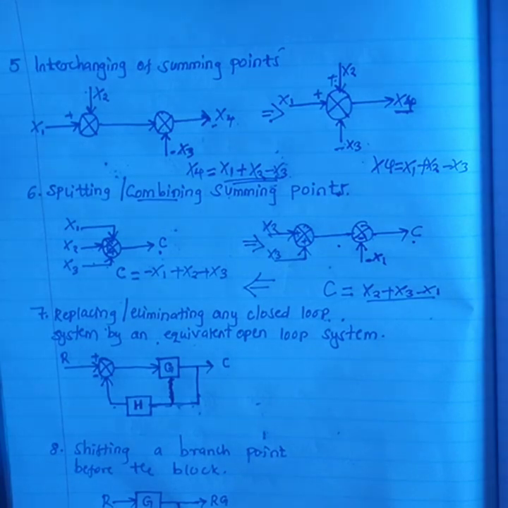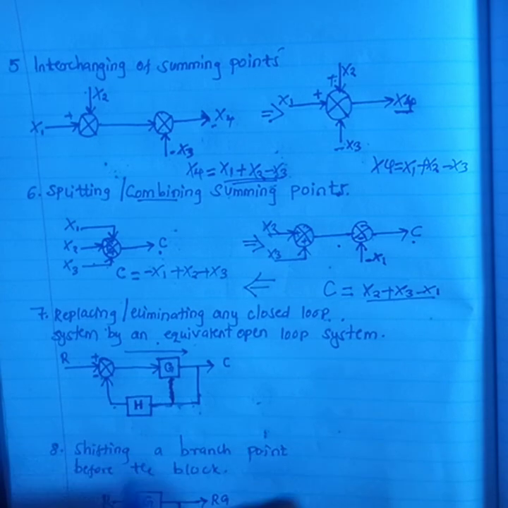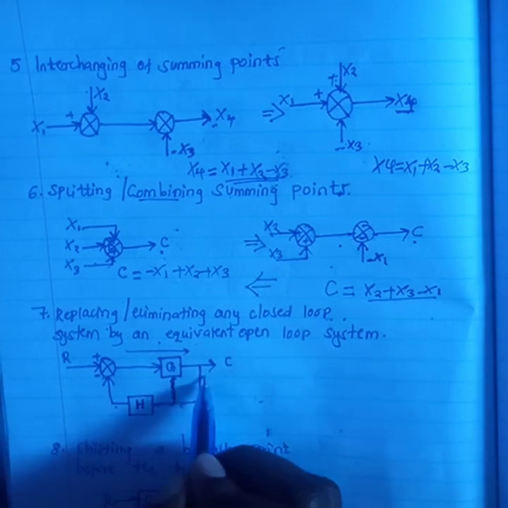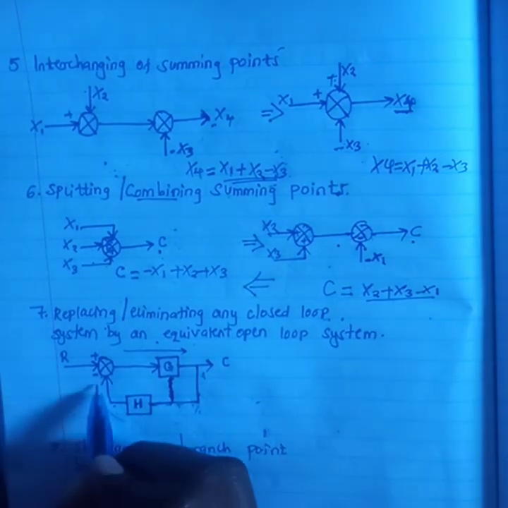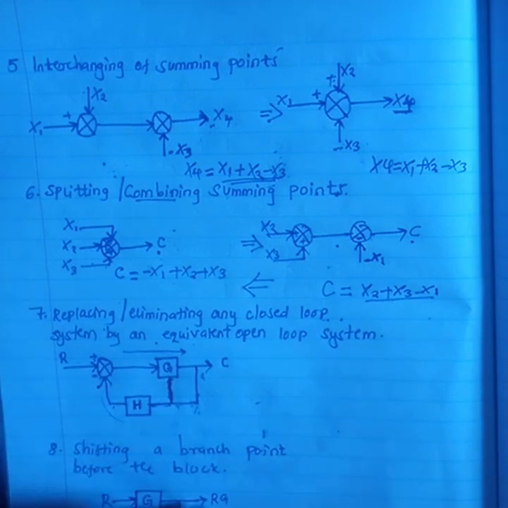And then this one is like our canonical diagram. It has only one block in the forward path. In this case, this is my forward path. Then it has only one block in the feedback path, and all this that is fed back to the input is our feedback path. That's what we have.